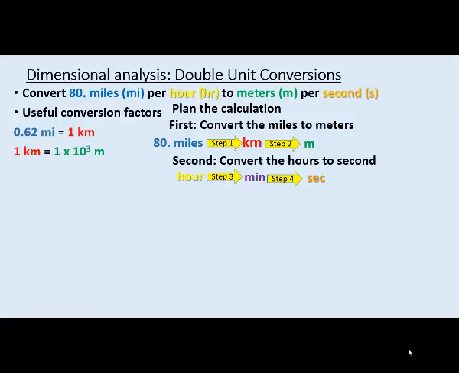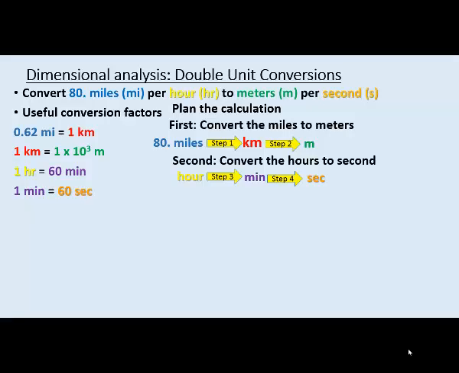Then I'm going to convert from kilometers to meters, and I recognize with my metric system that 1 kilometer is equal to 1,000 meters, or 1 times 10 to the 3rd of the base unit, meters. I recognize 1 hour is 60 minutes for my step 3 of the conversion for the time units. And then I recognize that 1 minute is equal to 60 seconds. Again, a conversion for my time units here. So I have all the conversion factors I need for step 1, 2, 3, and 4 in the conversion.